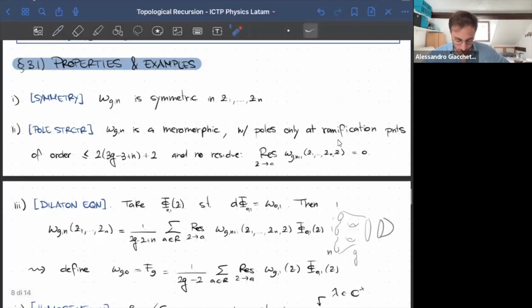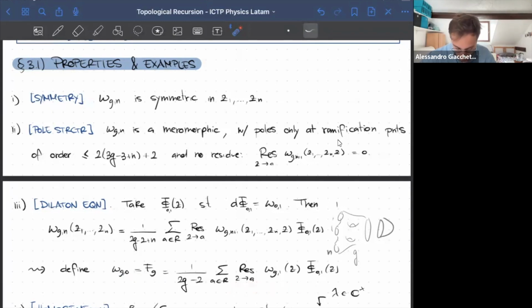So this is called the dilaton equation, and thanks to this equation, it actually makes sense to define omega g,0, which is often called F_g, through this formula when you take n equal to 0.